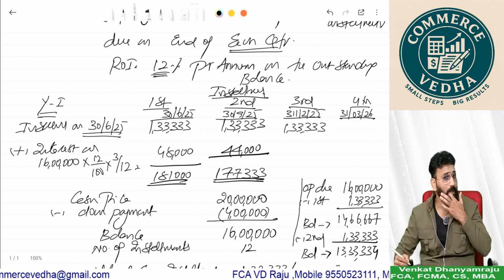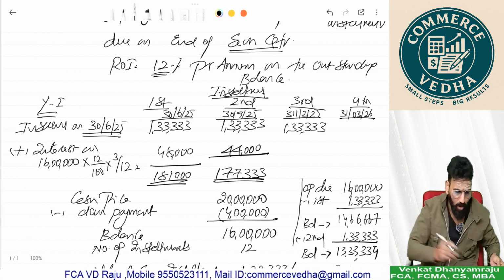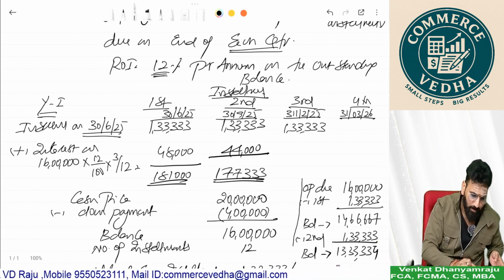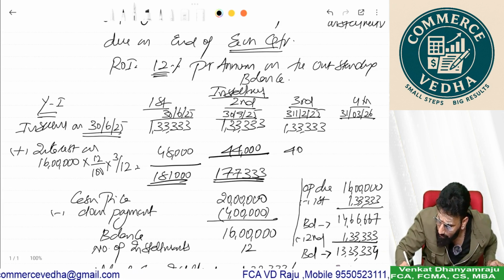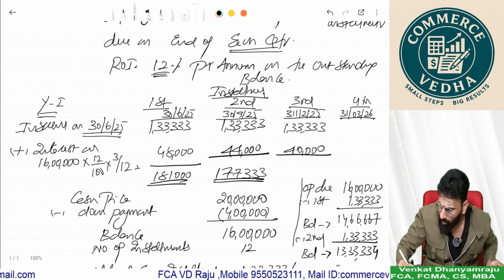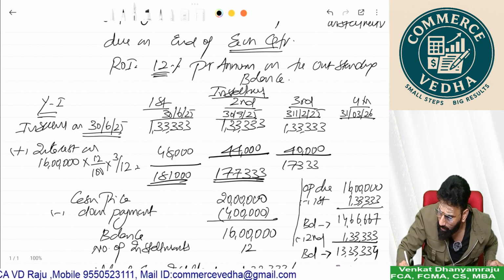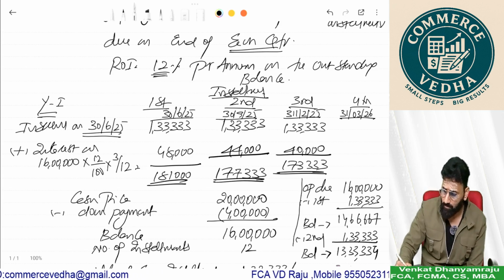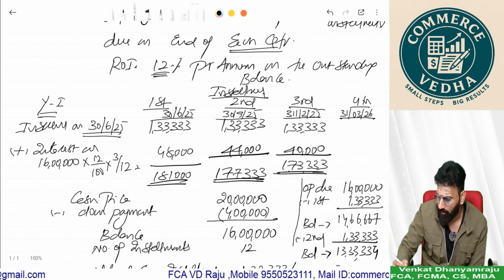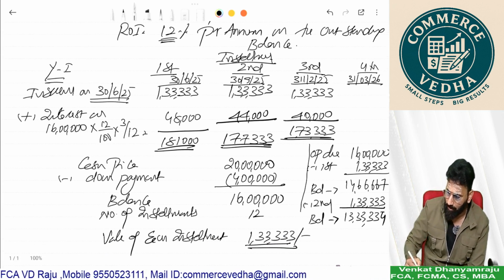For third installment, the balance principal is 13,33,334. On that, you are paying 12% for 3 months. It is 40,000. So your total installment value is 1,73,333.